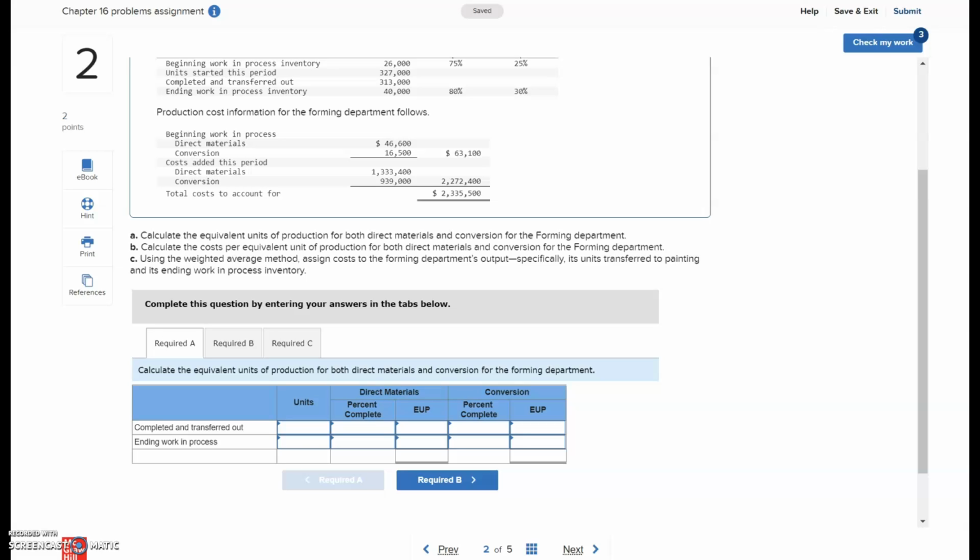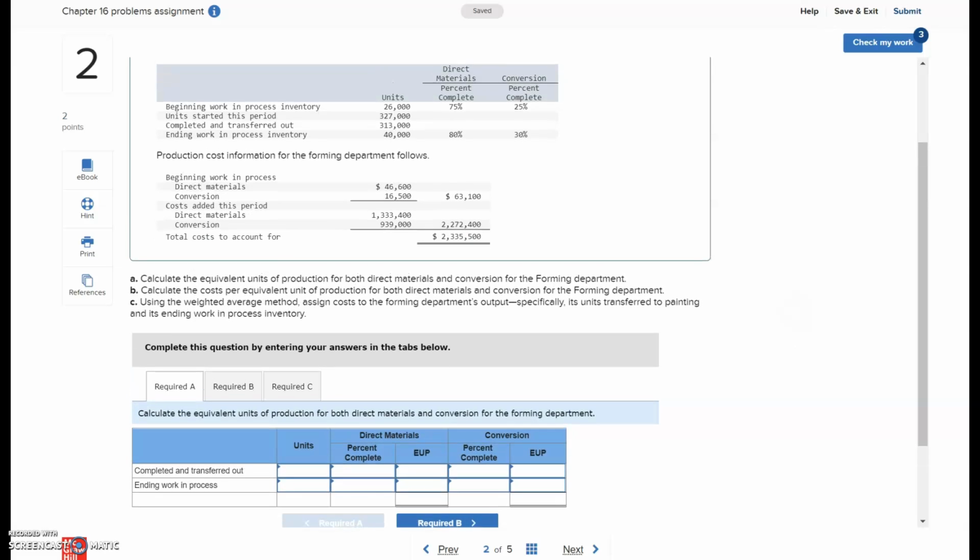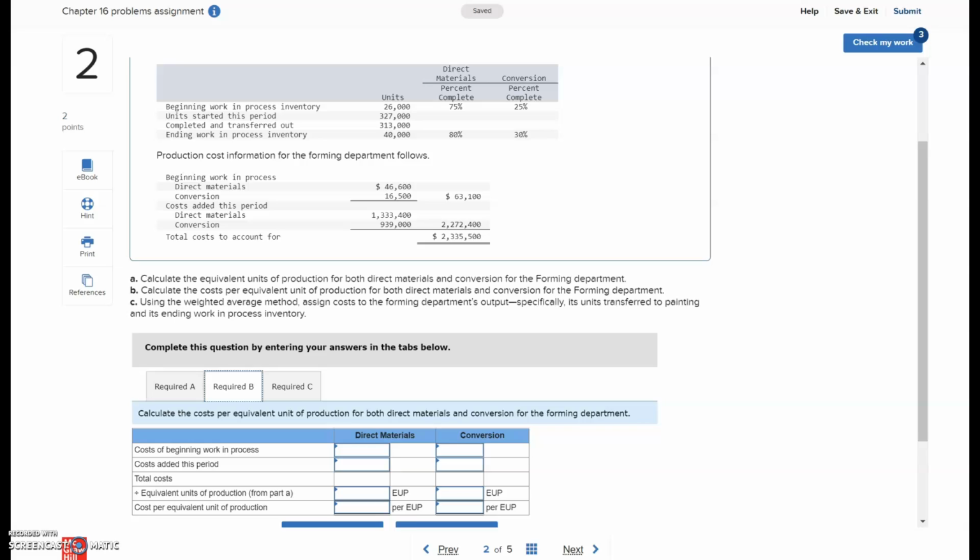So we start off, we've got to calculate the equivalent units, all right? Up here you're being told the information, the number of units completed and transferred out. We know those are 100% complete, and then we know the ending work in process. Here you're given the percentages of completion.